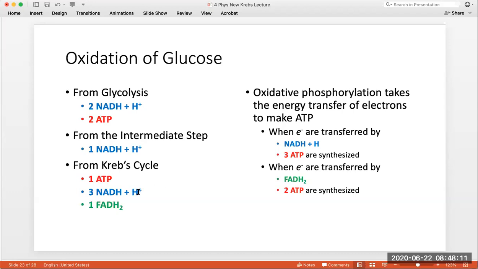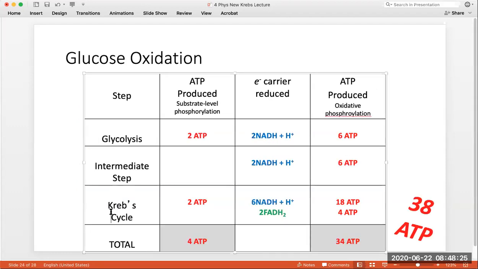And then 2 times 3 is 6 more NADH plus H plus here, times 3 ATP. And then you have 2 ATP made from each FADH2 that's produced from the 2 turns of the Krebs cycle. So you can do some simple math and determine how much ATP you make with oxygen, right?